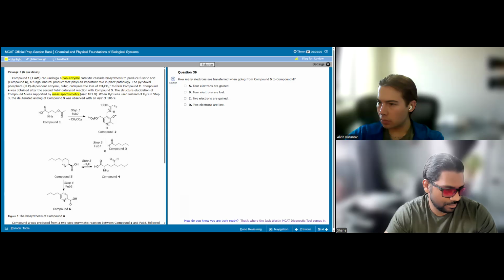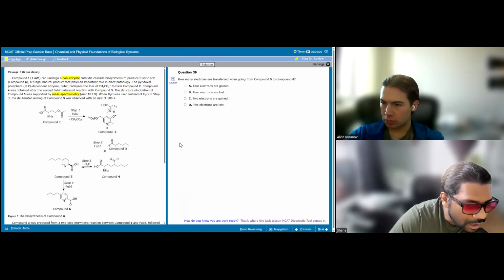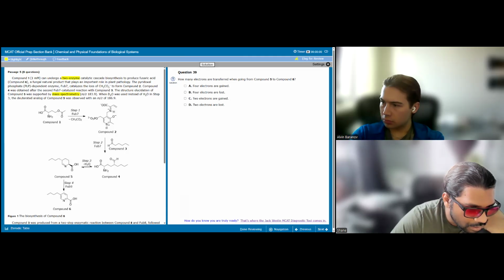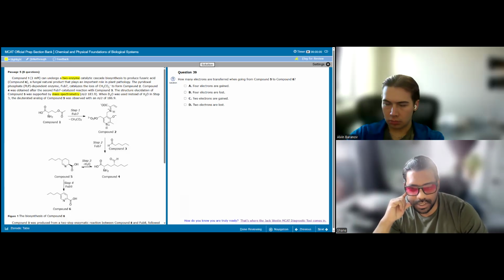Okay, this is next. Going from compound 5 to compound 6. Compound 5 is this. Compound 6 is this. How many electrons are transferred? So, 5 to 6.